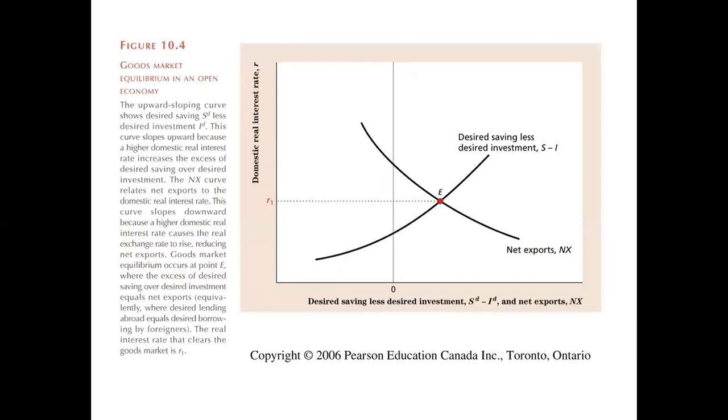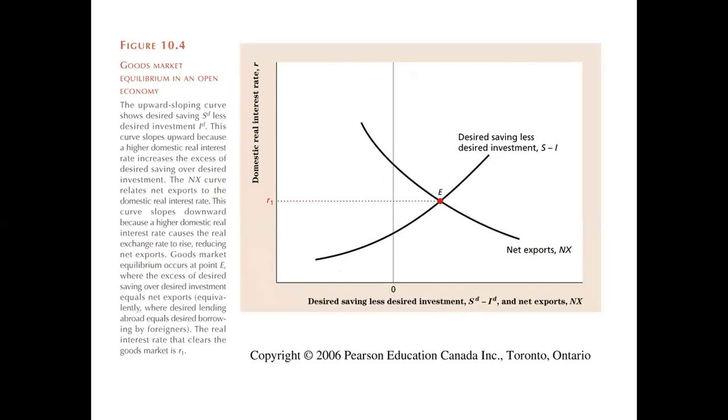So an example here would be, in this particular illustration, we can see the x-axis with the desired saving less desired investment, denoted by S, obviously saving, with a superscript D, minus the investment with a D superscript.